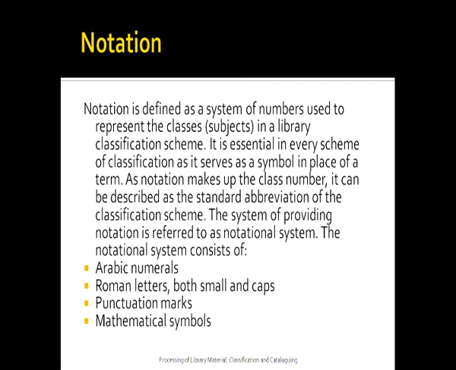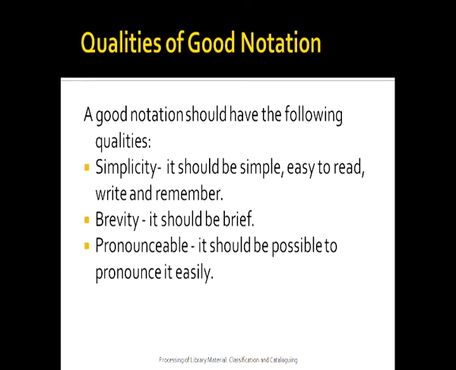As we will be talking to you in the further slides, you will see that some classification schemes have only numerals, but otherwise some may have the alphabets also. Now learners, let's take a look at what the qualities of good notation are. A good notation should have some qualities which include firstly simplicity, secondly brevity, and thirdly pronounceability.